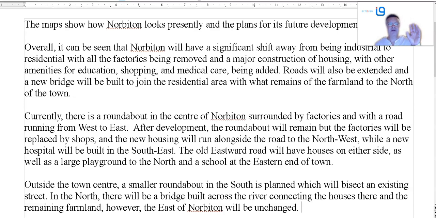You just have your map, introduction, the map shows blah blah blah, overview, major changes, that's going to be added, that's going to be taken away. Paragraph number 3 before, paragraph number 4 afterwards, or a mixture of there's this, then there's that, then there's this, and then there's that. It's pretty straightforward.